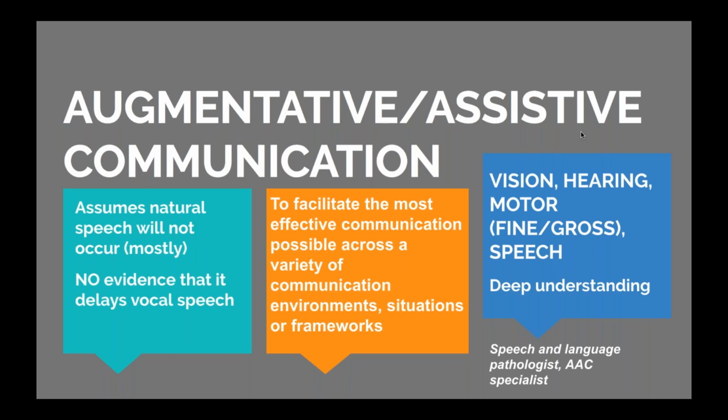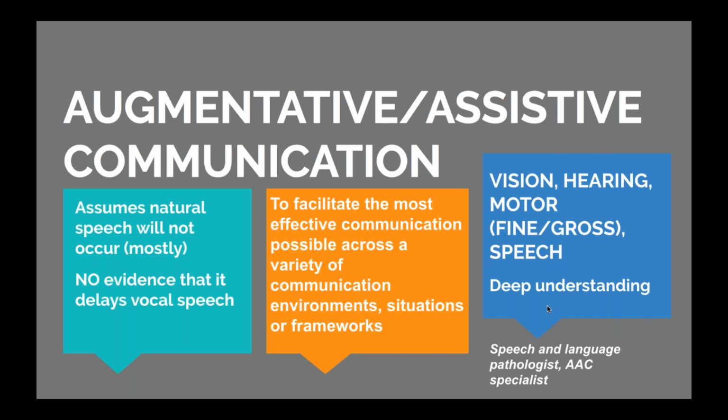You can get them started early, even if they just have a couple of words. It's not going to hold back their development of verbal speech if they also have a device. An AAC device will facilitate the most effective communication possible across a variety of communication environments, situations, and frameworks.